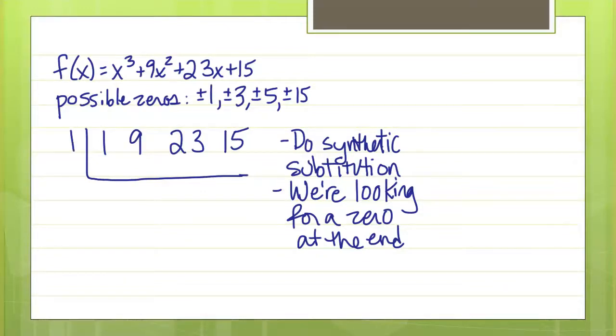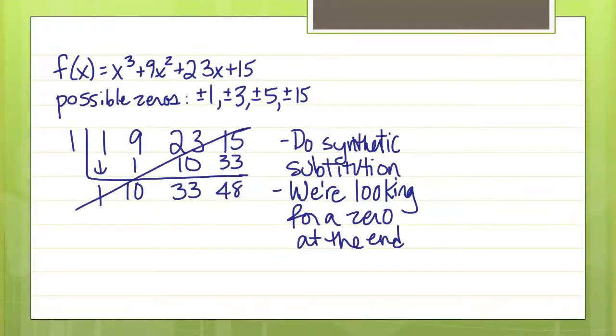So I'm just going to start with 1 because it's the easiest. Remember, we just bring it straight down. 1 times 1 is 1. We get 10, 10, 33, 33, 48. Nope, that doesn't work. So it's not going to be 1. So we're going to move on to another try.